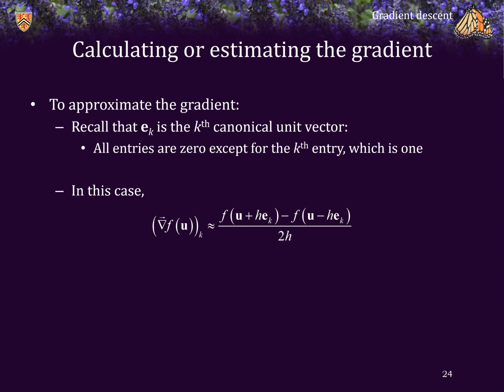So in this case, we can calculate the kth entry of the gradient by calculating f evaluated at a vector u plus h times the kth canonical unit vector, minus f evaluated at u minus h times the kth canonical vector, all over 2h.